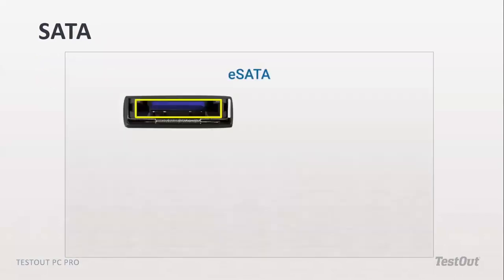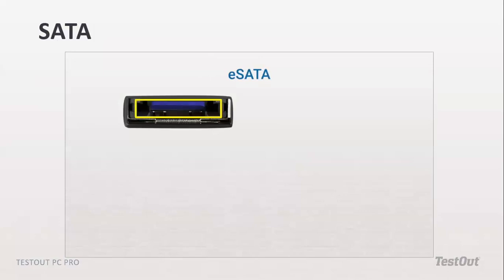And it is also made to be able to work with newer connectors, such as even USB. So the next generation of SATA is eSATA, or external SATA, that connects external SATA drives faster than USB or even FireWire.